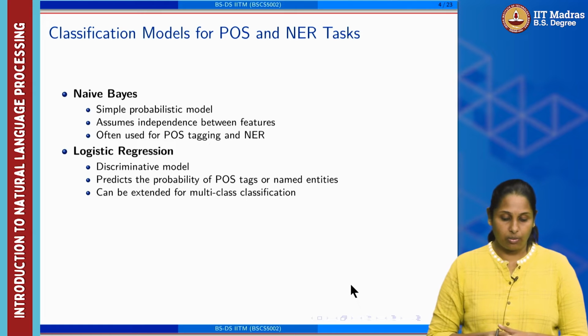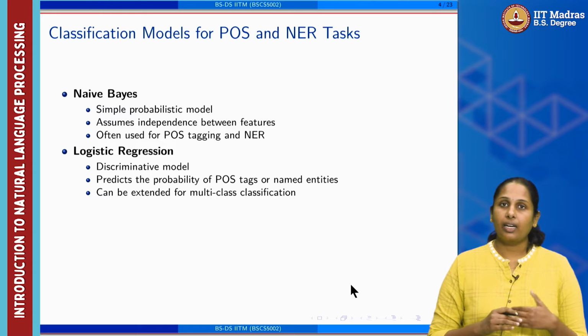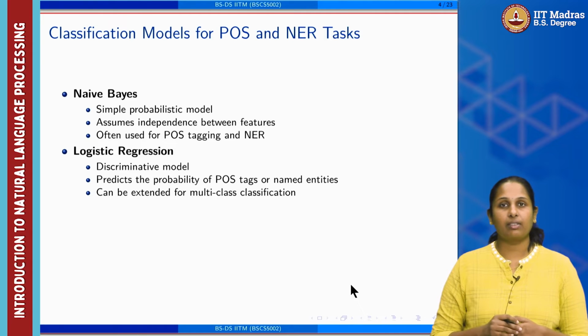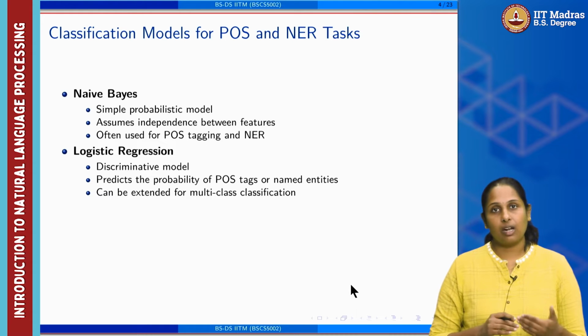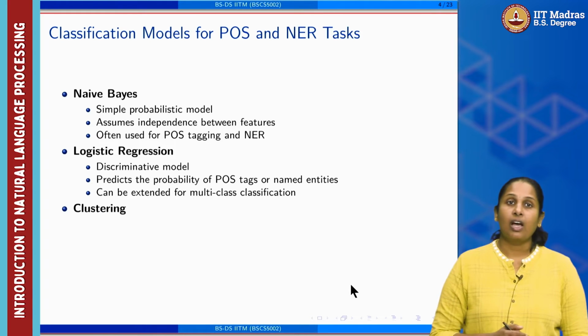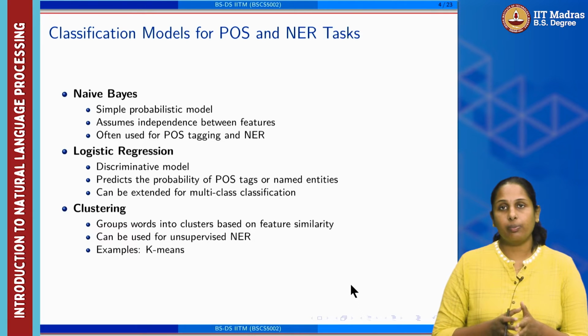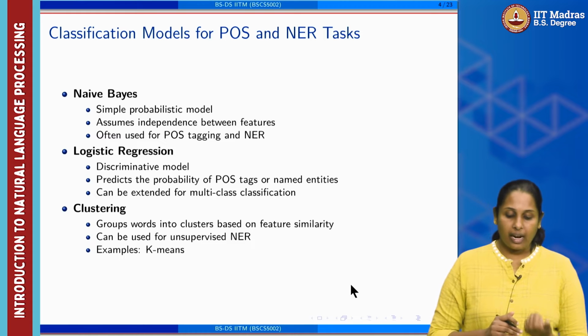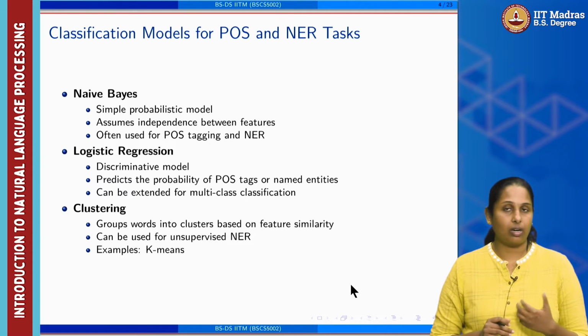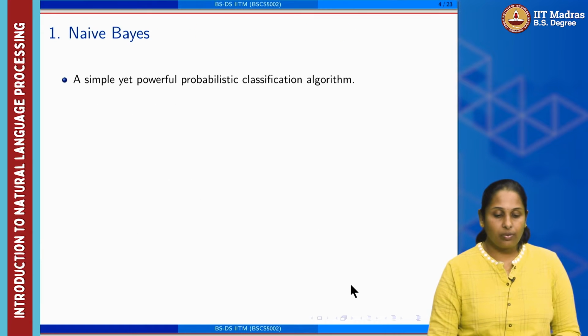It is a discriminative model, so it predicts the probability of POS tags and named entities. It is not only useful for binary classification, like sentiment analysis or other opinion identification, but is also widely used for multi-class classification, especially in the POS tag and named entity context. And clustering is another model where words are grouped based on feature similarity, and it can be used in an unsupervised context, not only a supervised one. One example is k-means. We will see these in detail.